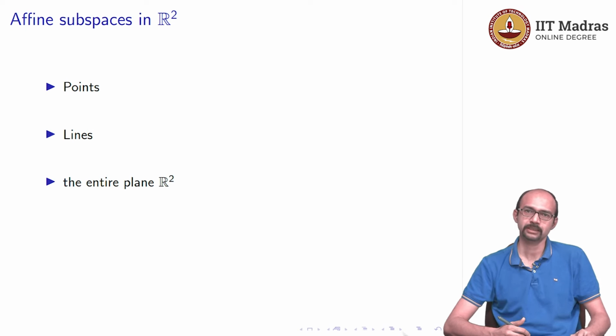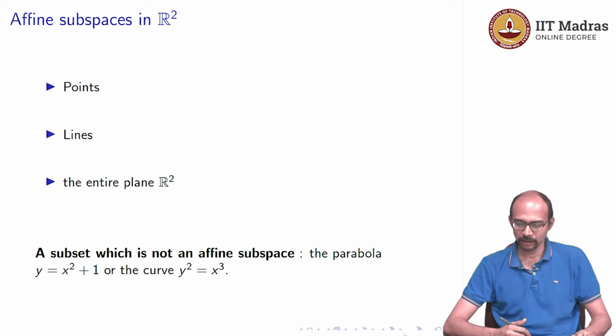Of course, there is nothing that rules out the entire plane from being an affine subspace, because in particular every vector subspace is an affine subspace, right. You could take that vector little v to be 0. So, you would get L to be 0 plus capital U, which is just capital U. So, it could be in particular an actual vector subspace. So, R2 is a vector subspace of R2, so indeed it is an affine subspace as well.